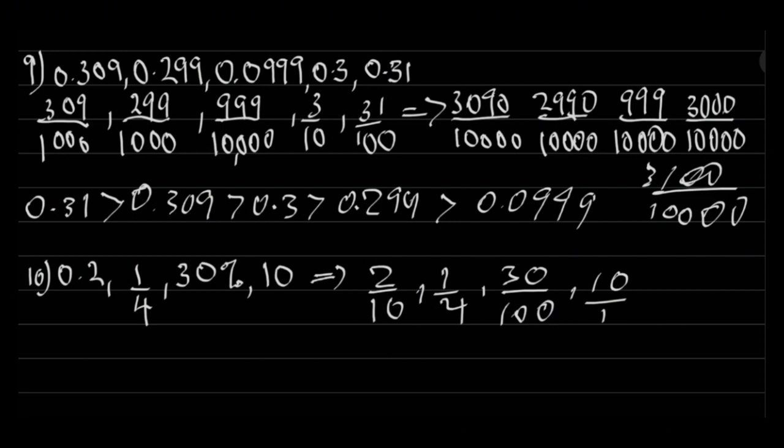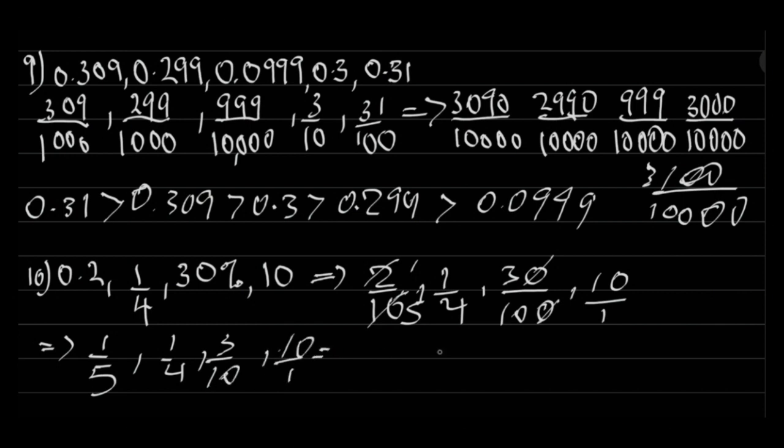So let's do the cancellations we can. So that is giving us 1 on 5, 1 on 4, 3 on 10, and then 10 on 1.